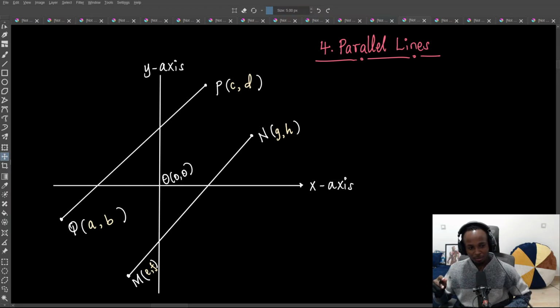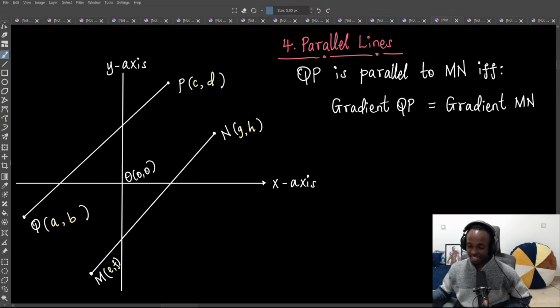No matter how much you extend them in the Cartesian plane, they are never going to meet because they are parallel. Mathematically, we say that a line QP is parallel to MN if and only if the gradient of QP equals the gradient of MN. So any two parallel lines are going to have the same gradient. So just hold on to that.